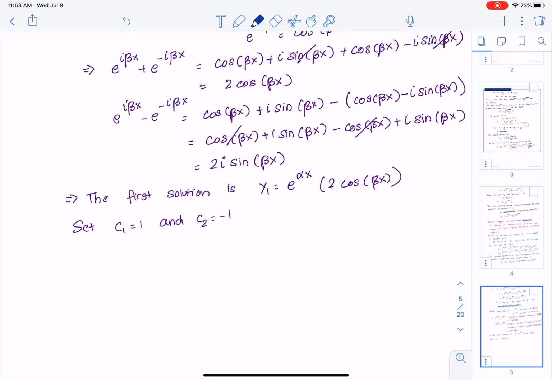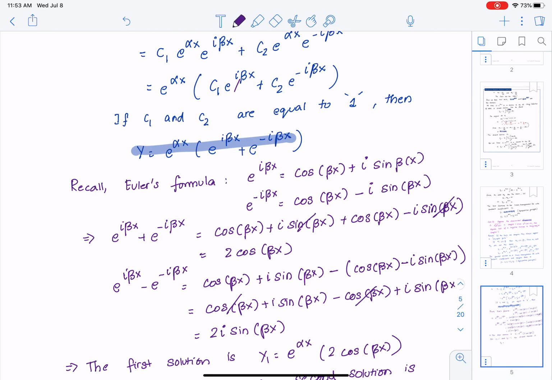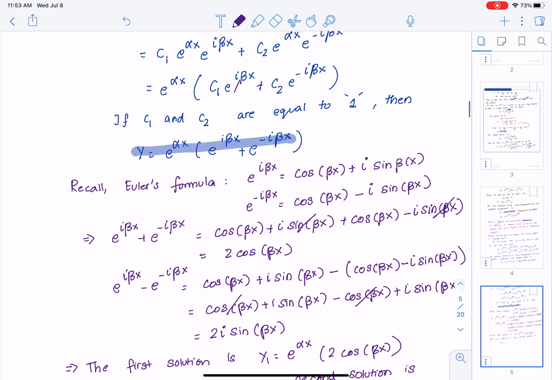So if I said c1 equals 1 and c2 equals negative 1, the second solution is y2, and I'm simply going to plug in 1 and minus 1 up here.